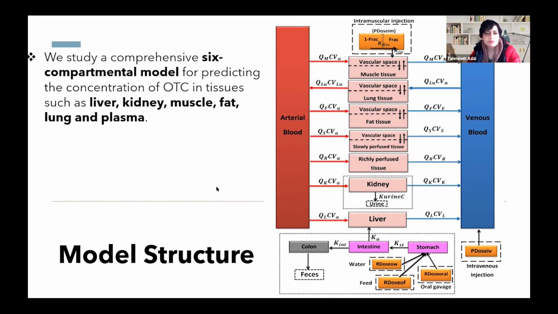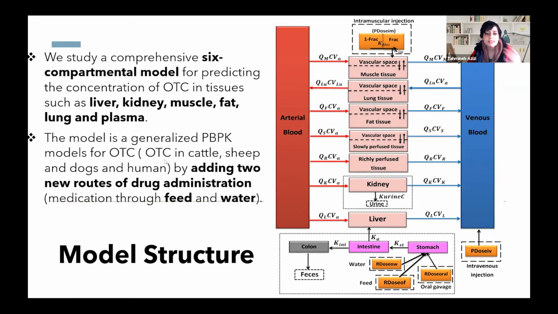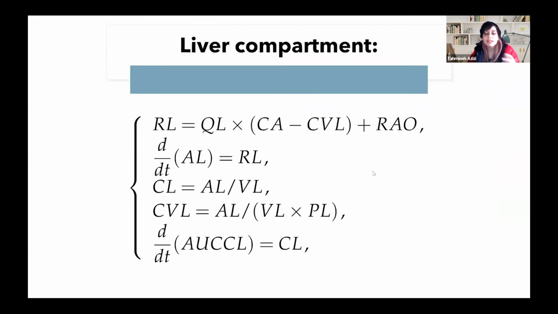And so we study a 6-compartmental model for liver, kidney, muscle, fat, lung, and plasma. And we added these new routes of drug administration for feed and water. So it was a new model. And I put just some equations to show that this is not very hard.